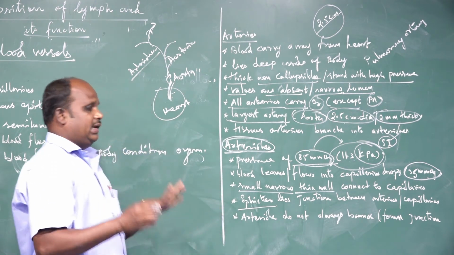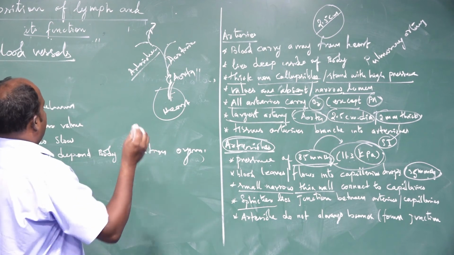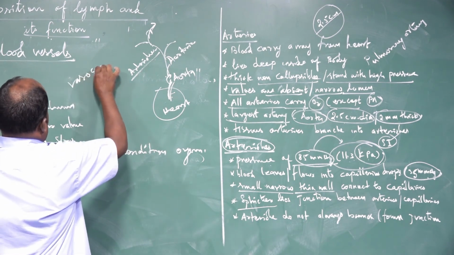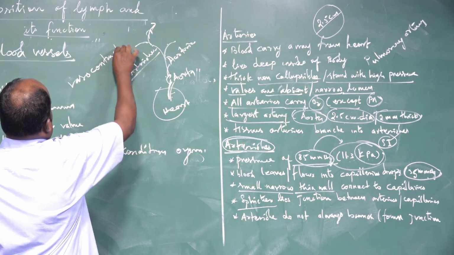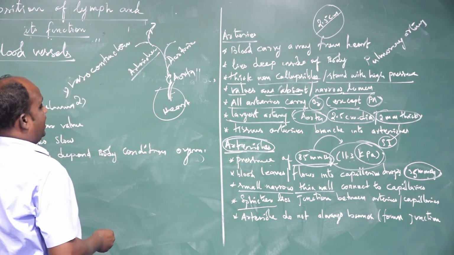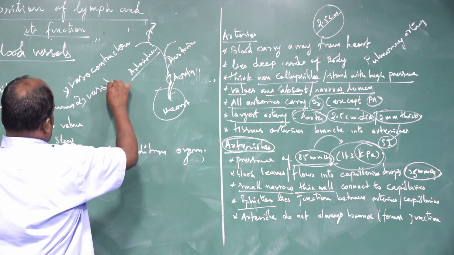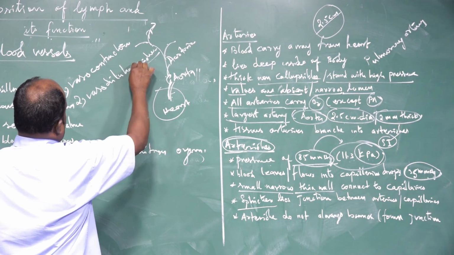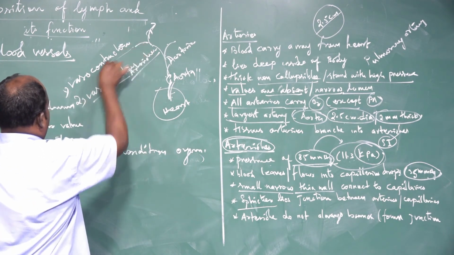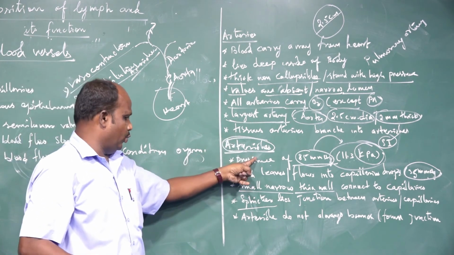When the blood vessel contracts, that is called vasoconstriction. When the blood vessels relax, that is called vasodilation. So vasoconstriction and vasodilation are regulated by the sphincter muscles between the arterioles.